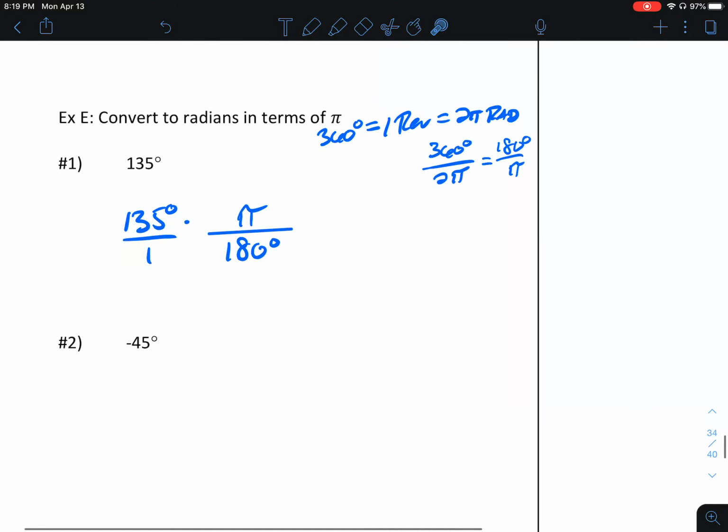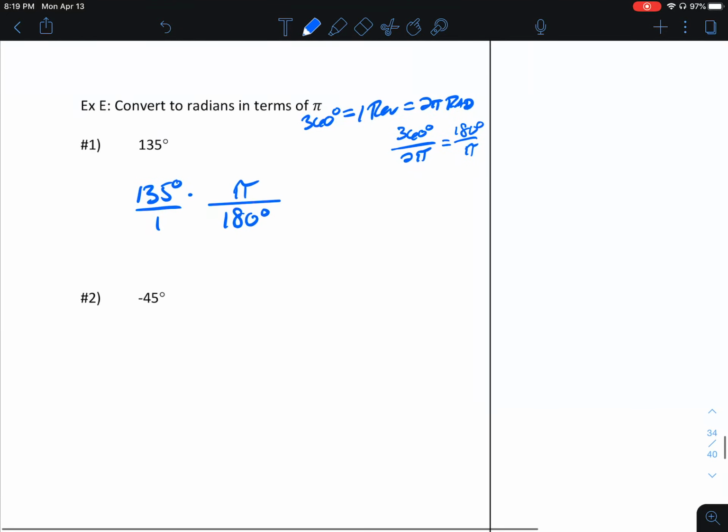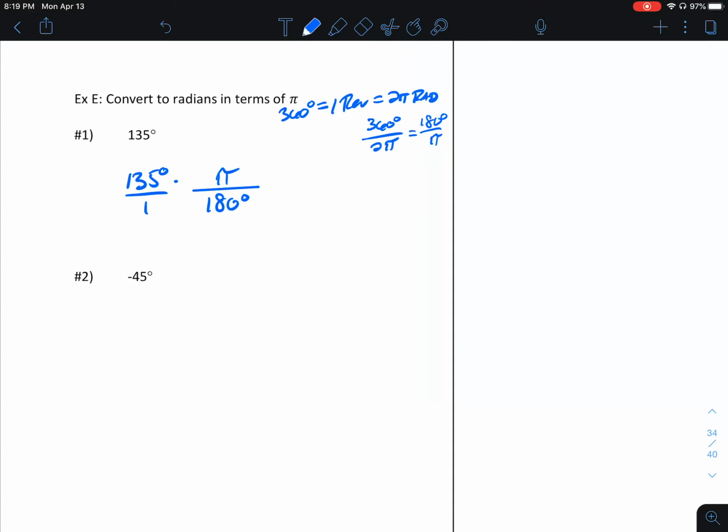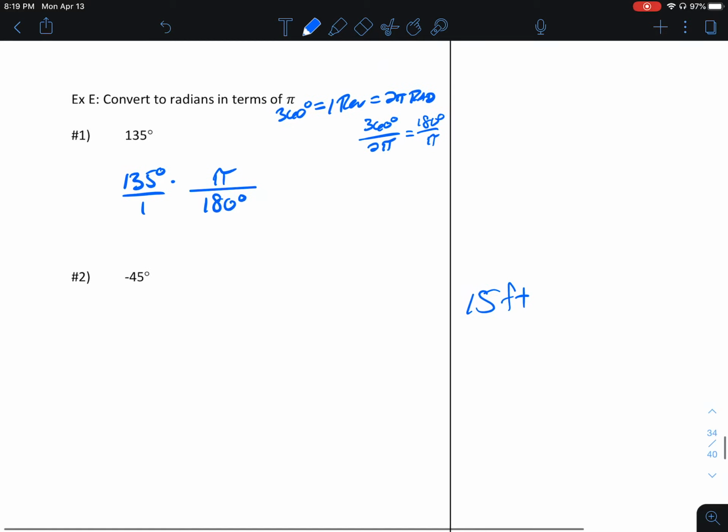You folks have done this before in science classes. I believe it's called dimensional analysis. Not with radians, but like if you had 15 feet and you wanted to convert that to yards, you would say, well, 1 yard is equivalent to 3 feet.